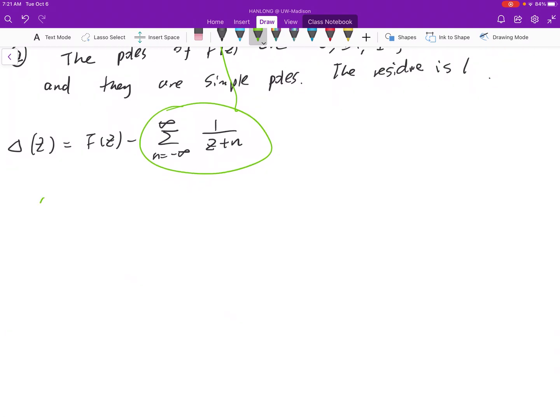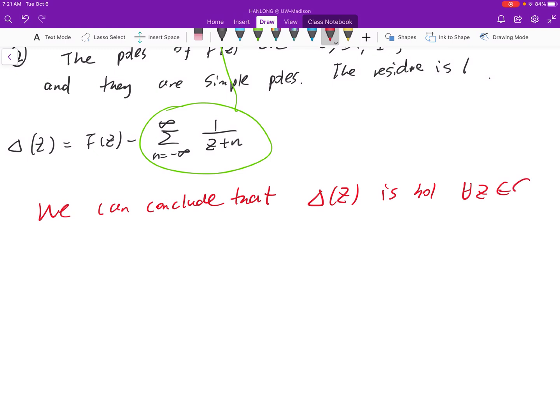Then we know that delta z is holomorphic for all z in C, because you cancel out all the poles, and here the singularities are all of the pole types.